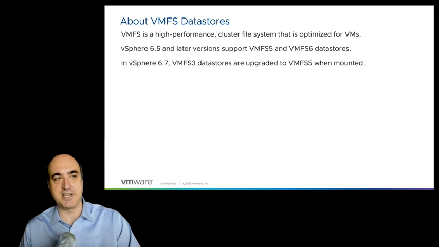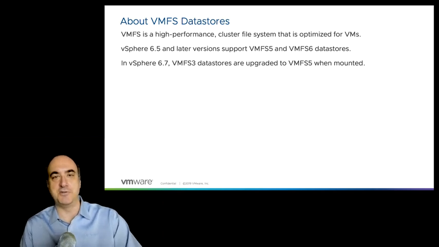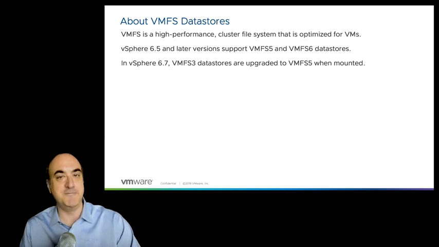And in vSphere 6.7, there's another change: any old datastores you might have from VMFS 3 days, which goes way back to the old ESX 3 and ESX 4 days, are not supported in vSphere 6.7. So if you try to mount a VMFS 3 datastore, guess what happens? It automatically gets upgraded to VMFS 5. Not 6, but VMFS 5. We'll show why in a few slides.